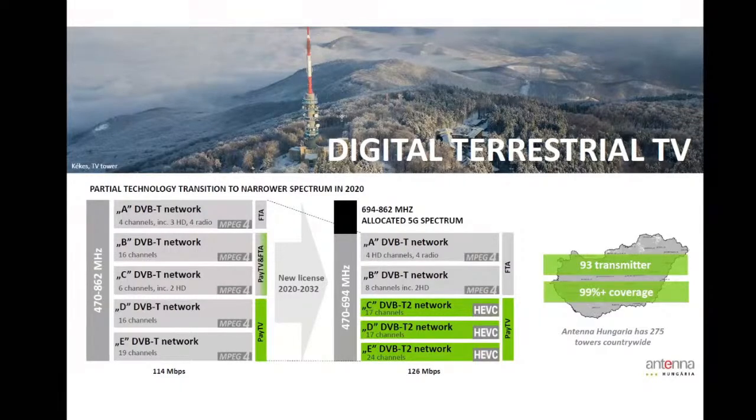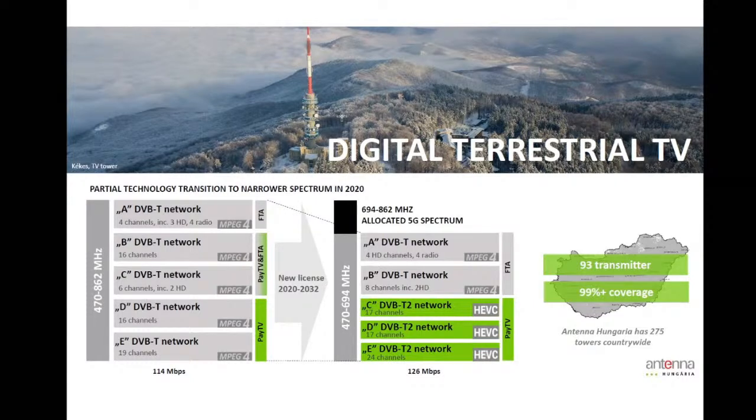Now we still have 5 multiplexes, 2 multiplexes in DVB-T2 format with MPEG-4. The main reason is the existing hundreds of thousands of TV sets and set-top boxes for the free-to-air services. So the viewers of the free-to-air services didn't have to change the TV sets and the boxes for receiving the DTT free-to-air service further.